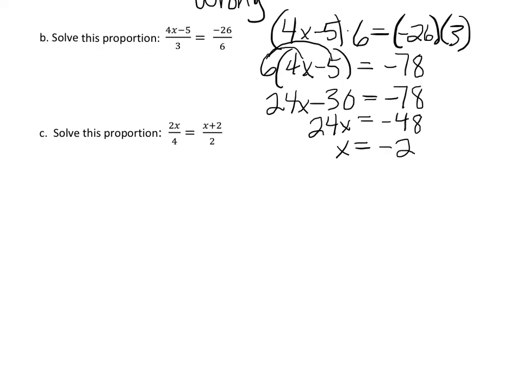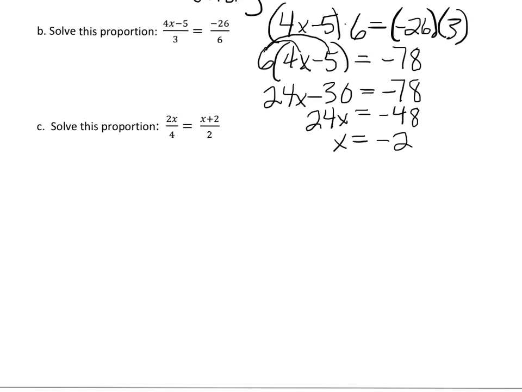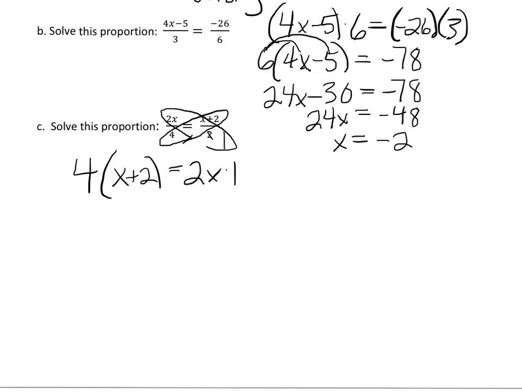One more practice problem. In this one, there's actually a little typo. This denominator actually needs to be 1, so it'll be better practice for us if that is a 1. We're going to cross multiply, and we have 4 times x plus 2 equals 2x times 1. It doesn't really matter which one I do first, 2x times 1 equals 4 times x plus 2, or the other way around.